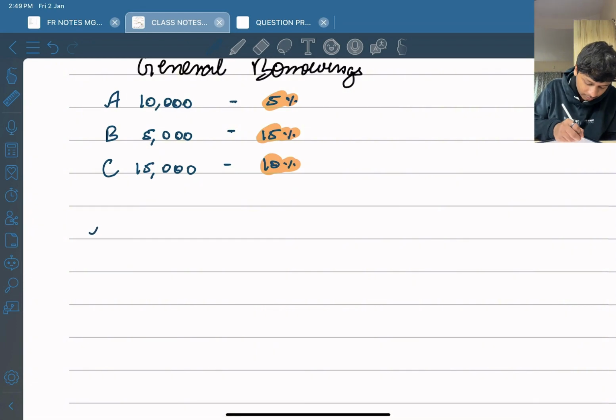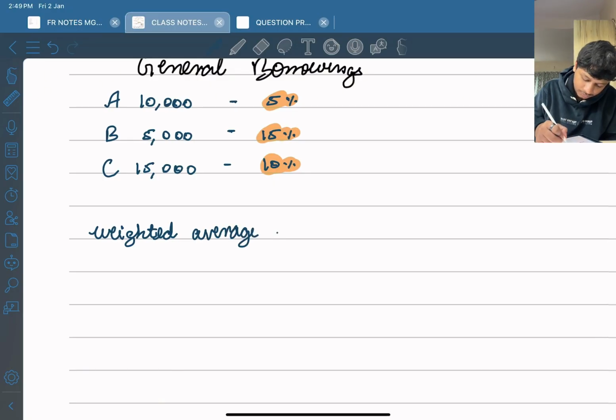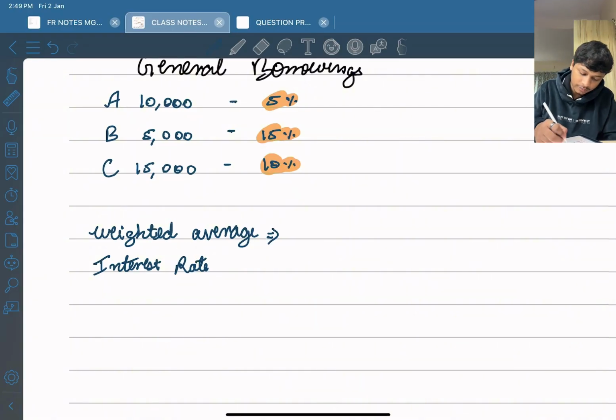We will calculate a weighted average interest rate. How will we calculate this? We will calculate the interest for all of them.